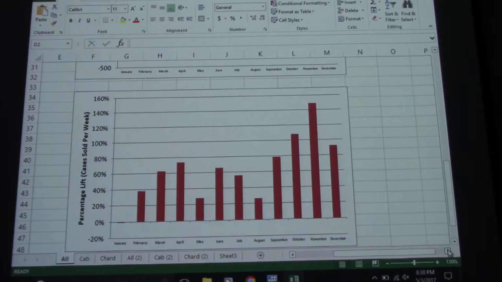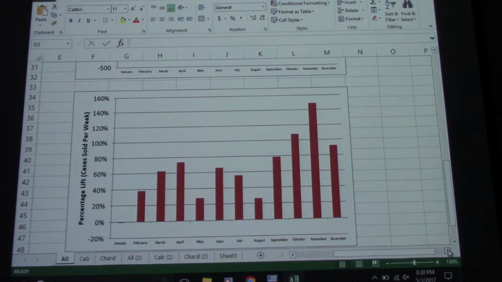Every time the firm promotes, we don't know if these lifts are caused by the promotion itself, the little shelf talker, or the fact that that shelf talker is also accompanied by a sale price. That's the problem with this. There's no accounting for price. They're confounding those two things.